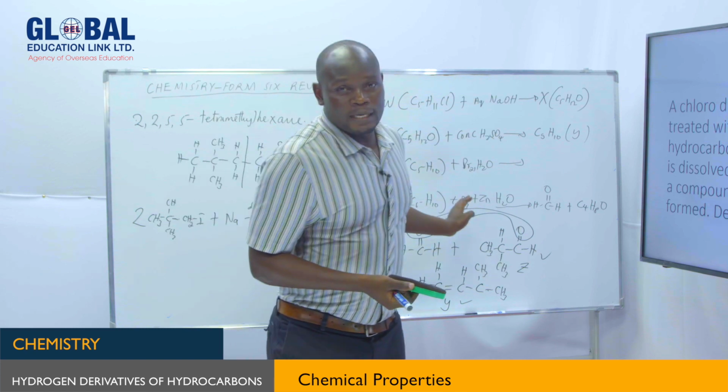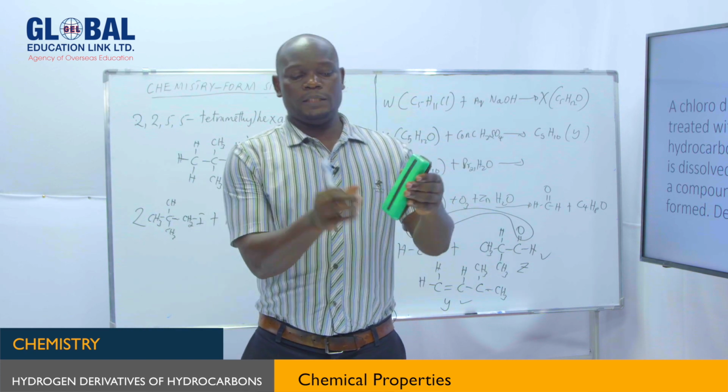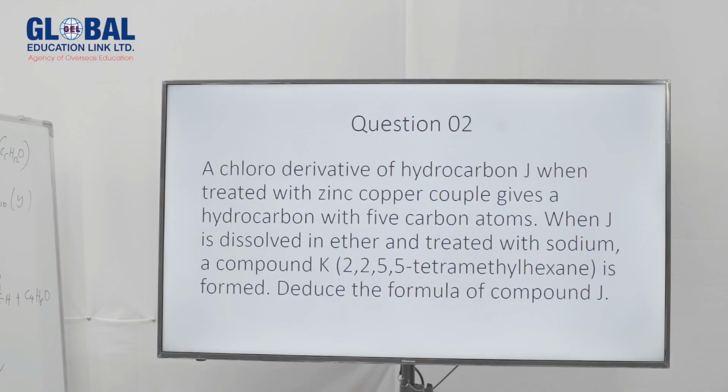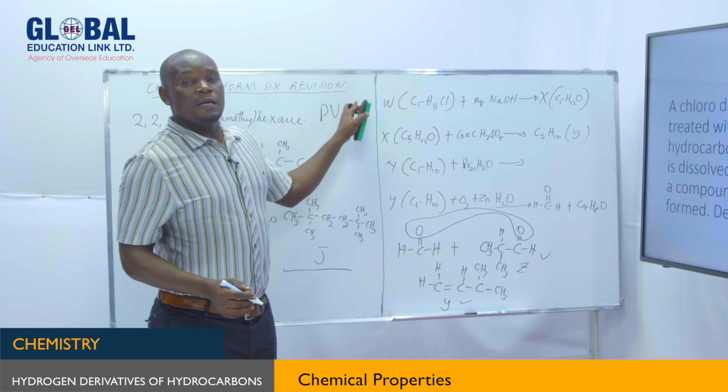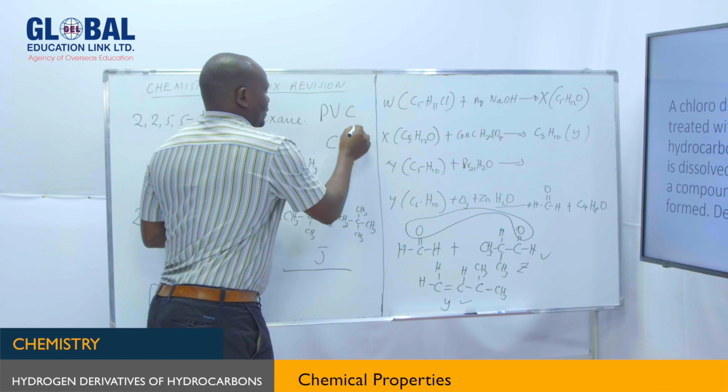But also not only that, they are also used in the manufacture of plastics. These are plastic materials because of these chlorofluorocarbons. And a good example is PVC. PVC is polyvinyl chloride, which has this kind of structure.